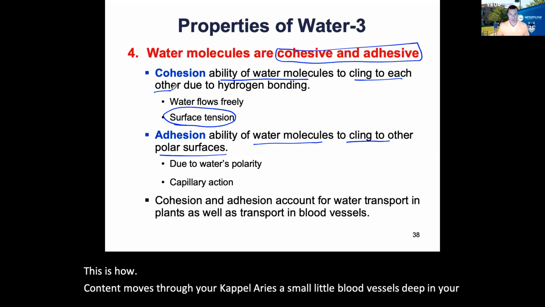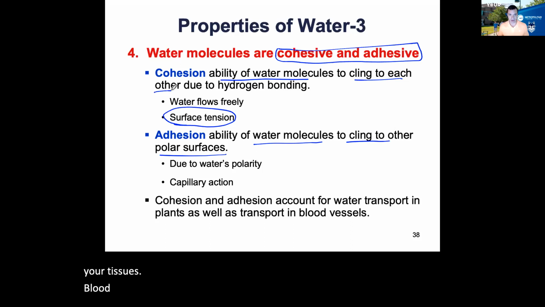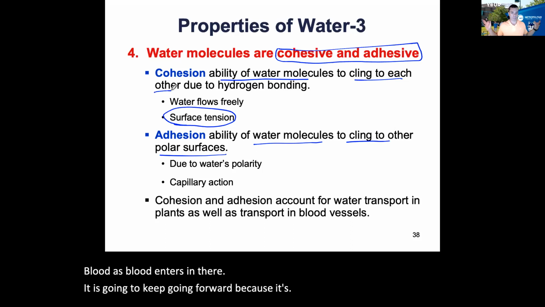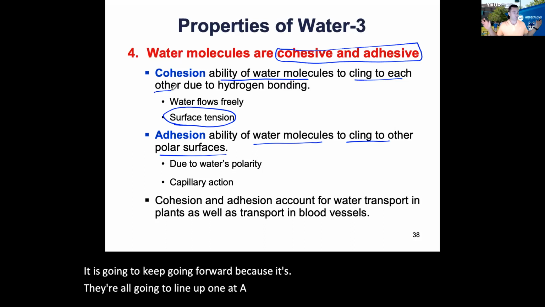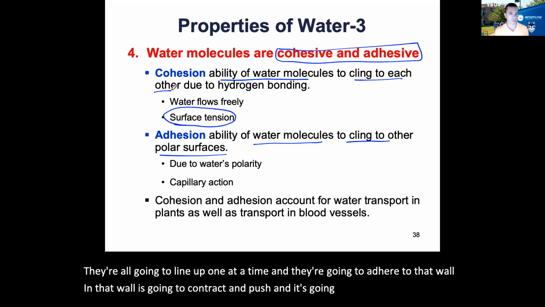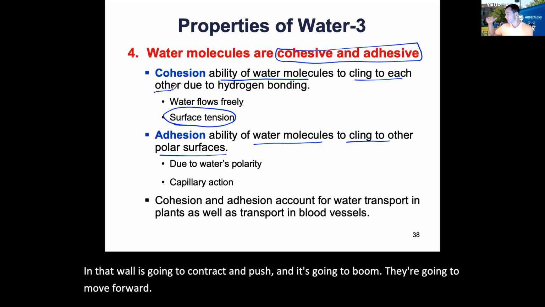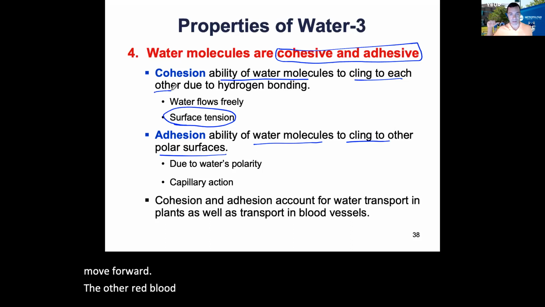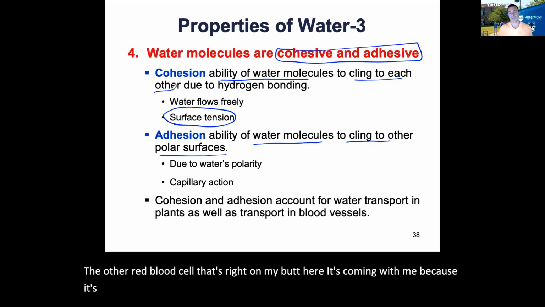As blood enters, the cells line up one at a time and adhere to that wall, and that wall is going to contract and push them forward. The other red blood cell right behind me is coming with me because it's attracted to me. It's that hydrogen bond.